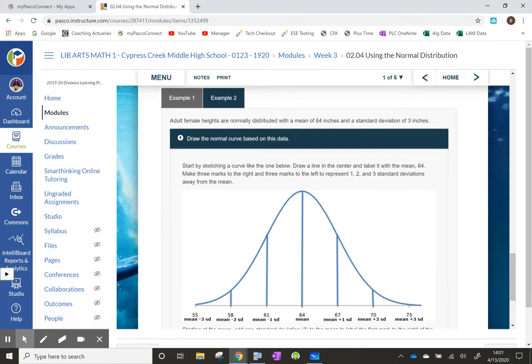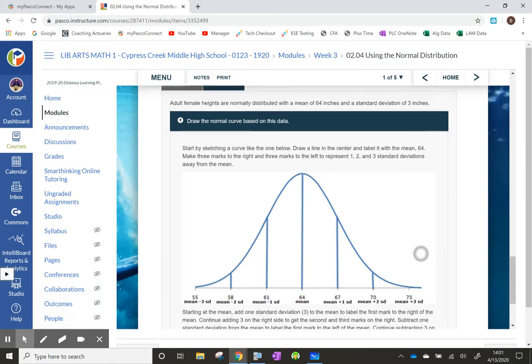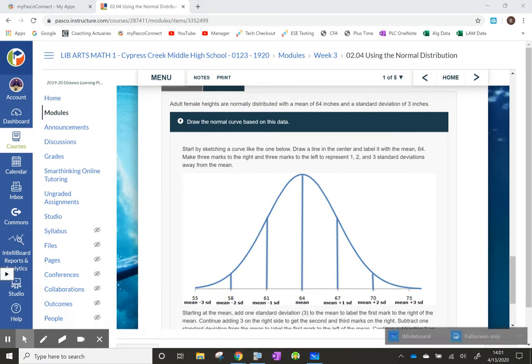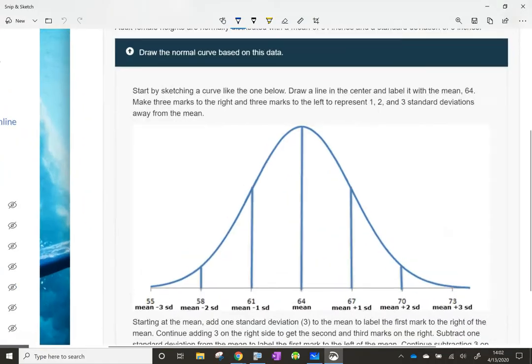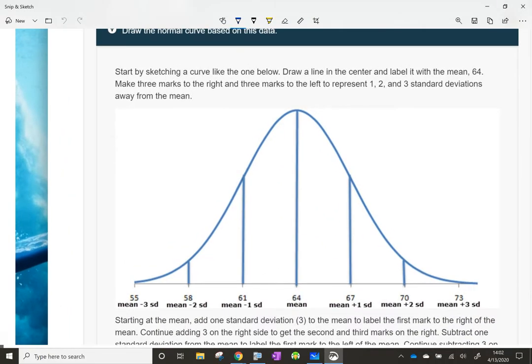So in this example, adult female heights are normally distributed with a mean of 64 inches and a standard deviation of 3 inches. So how this is going to look on the graph, and you can see the graph laid out there, is since the mean is 64, that's our average, the mean in the middle, 64 is right in the middle. You're going to see it right there at that peak.